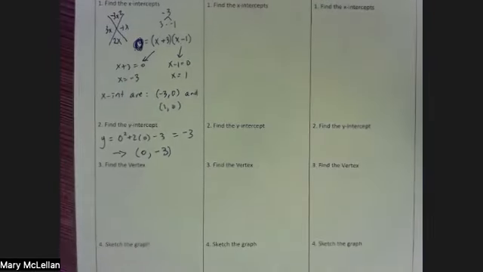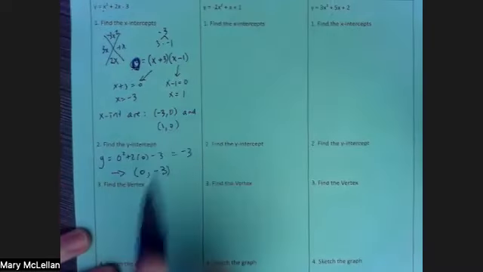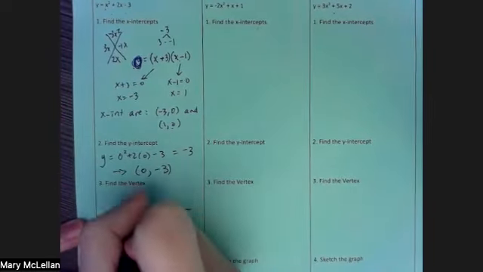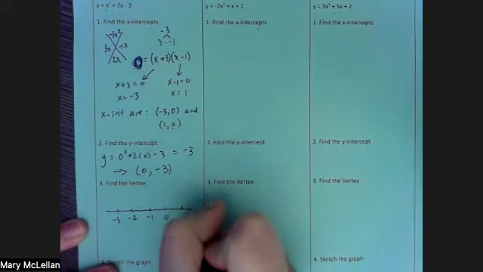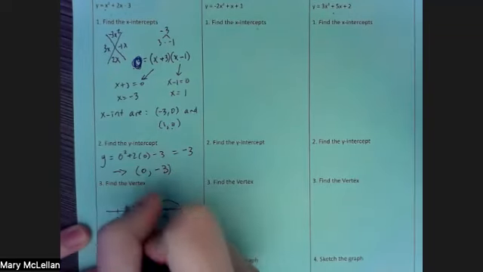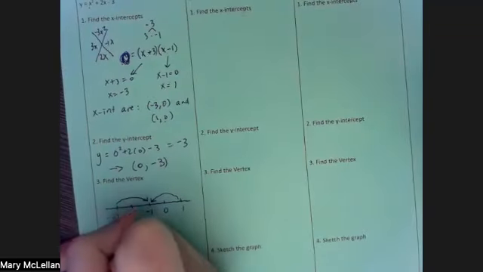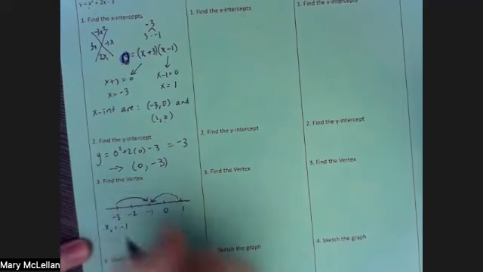Now for the vertex. There are 2 methods for the vertex, but I like the one where we go between the x-intercepts, especially when the x-intercepts are whole numbers. -3, -2, -1, 0, 1. If I go to the middle, the x part of my vertex is -1.